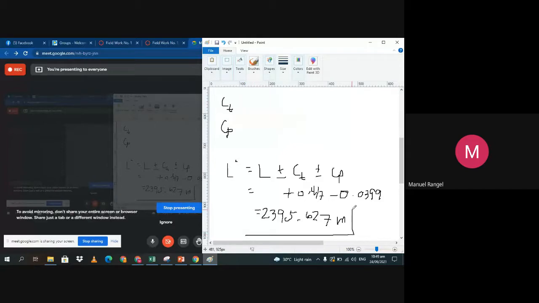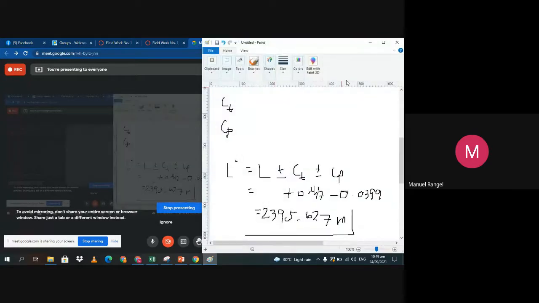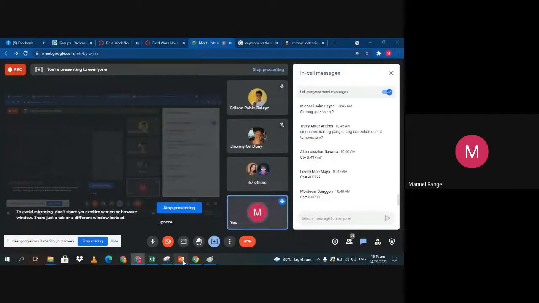So that is the correct value for length. Okay, next.